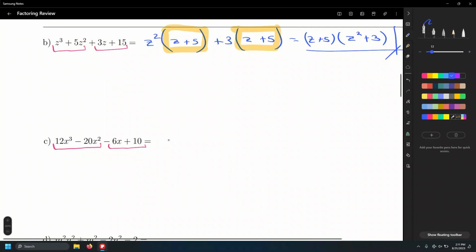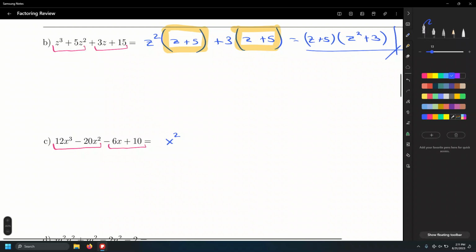Yes, the x squared is still the greatest common factor. However, between 12 and 20, what do they have in common? I noticed some of you wrote the number 2. That is true because both 12 and 20 are divisible by 2. However, there's an even larger number they have in common.